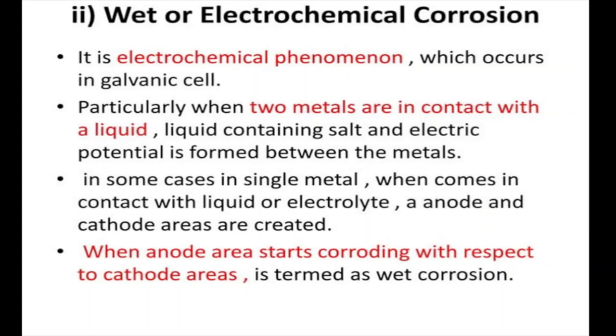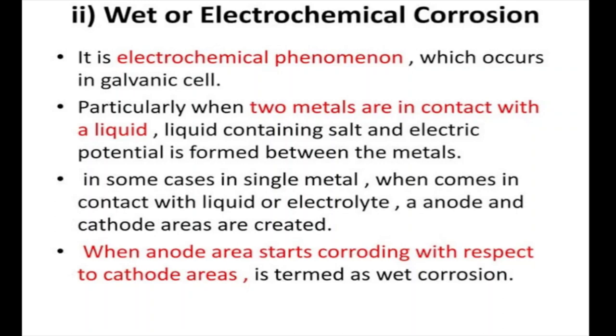Now wet or electrochemical corrosion, what is that? It is an electrochemical phenomenon which occurs in a galvanic cell, particularly when two metallic materials are in contact in a liquid. The liquid contains salt, and an electric potential is formed between the metals.